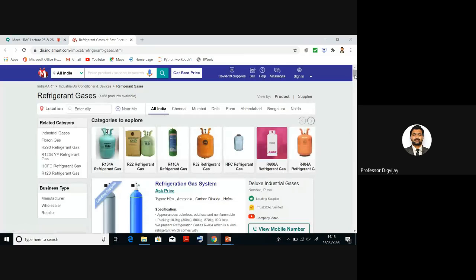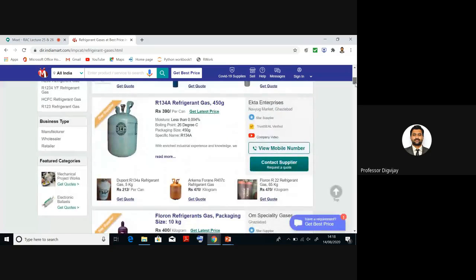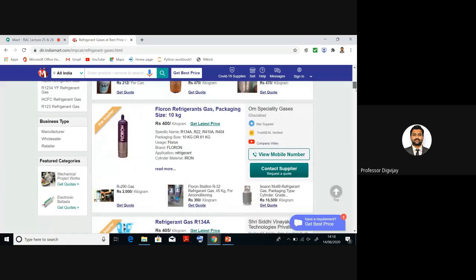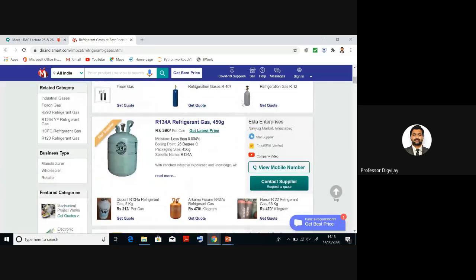So on India Mart, you can check what the prices of refrigeration gas are. They are available in cylinders, so per cylinder you have to take it. So here, if I'm buying R134A, that price is 390 per can.